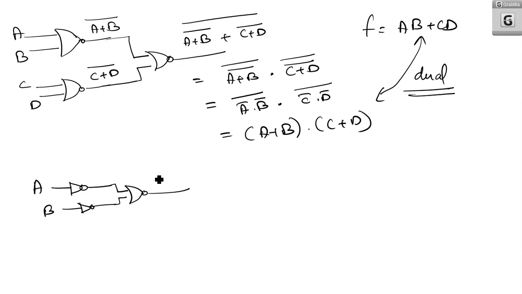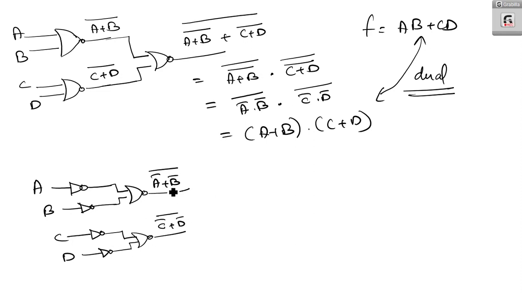So here what will I get? Here you will get A bar or B bar the whole bar. Again, this is C, D. So we will get C bar or D bar the whole bar.